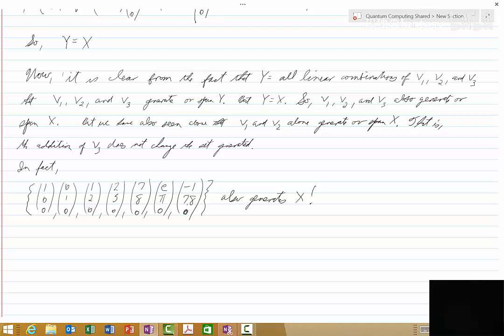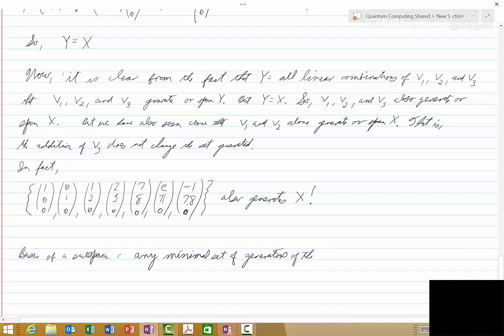So we come up now with the following idea: a basis of a subspace equals a minimal set of generators of the subspace.